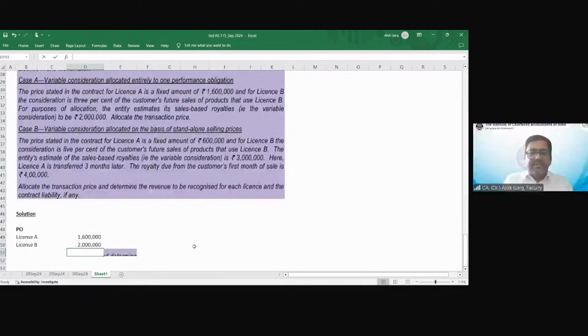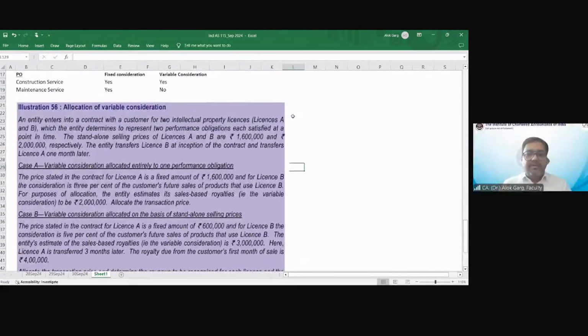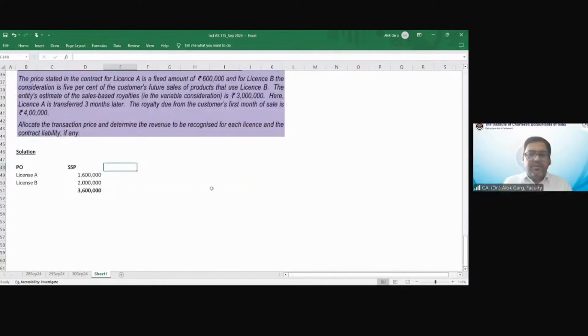The total price is 36 lakh. This is the standalone selling price given in the question. Then what is written in the question? The entity transfers license B at inception of the contract and transfers license A 1 month later. So, delivery of performance obligation.